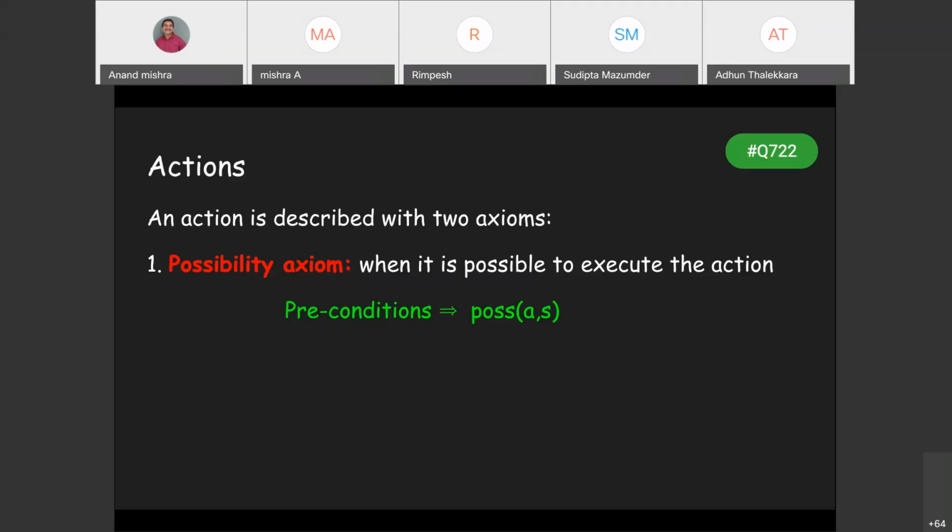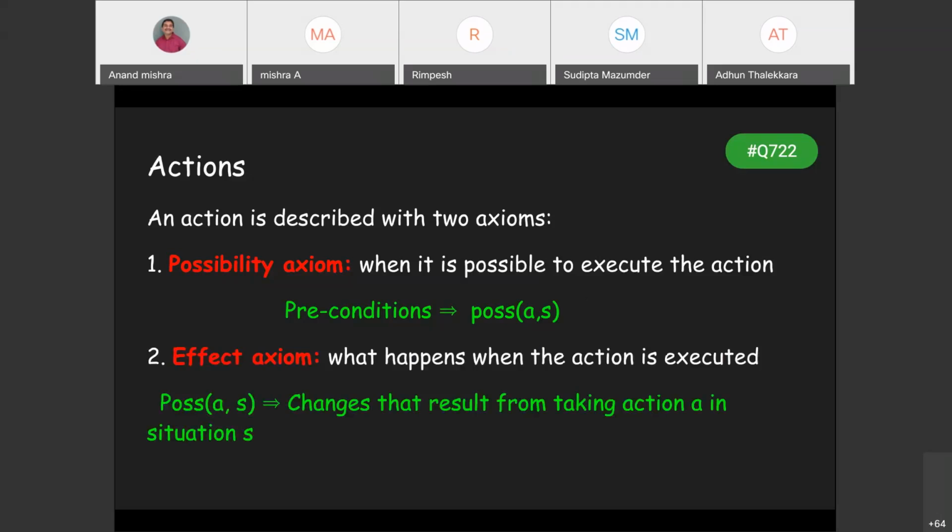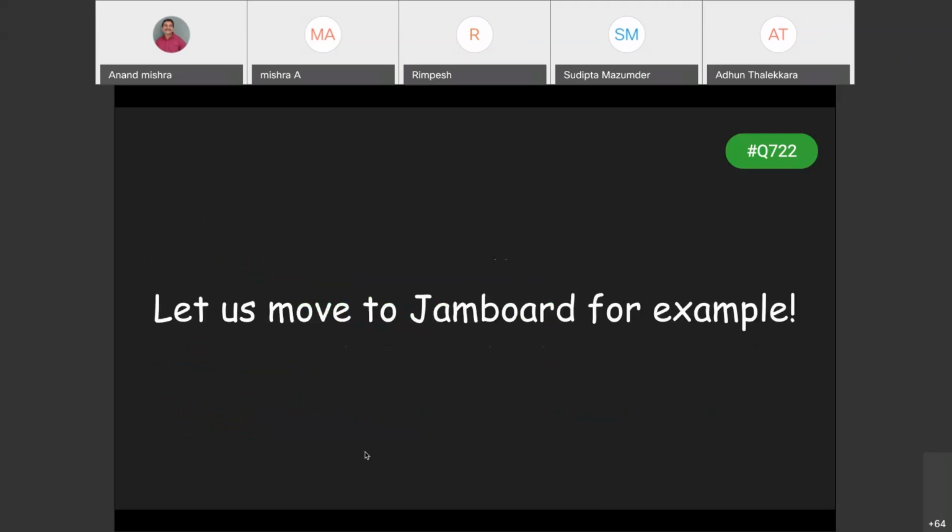The other is effect axioms: what happens when the action is executed, that is, the result of taking action A in situation S. Let's not worry about the exact wording; let me move to our Jamboard and see the example so that it will be clearer.